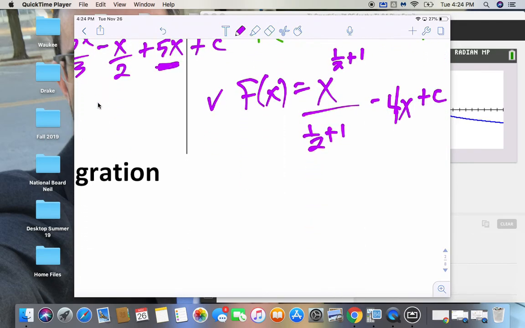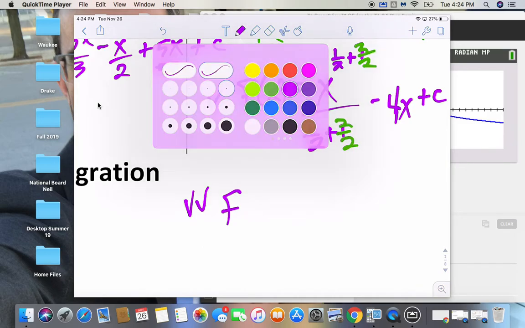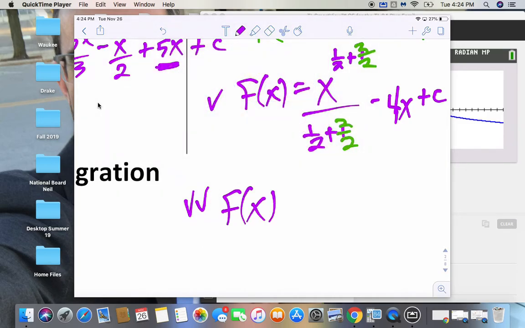So what you'd like to do is take and add those fractions. So 1/2 plus 1 is 3/2, or you can think of that as 2/2, 2 over 2. And so you can combine those. A common denominator is always the way to go with adding fractions. And f of x, you get x to the 3/2, perfectly fine, over 3/2, minus 4x plus c.